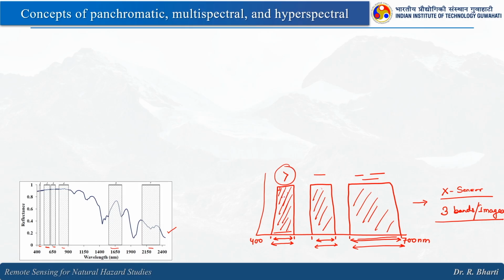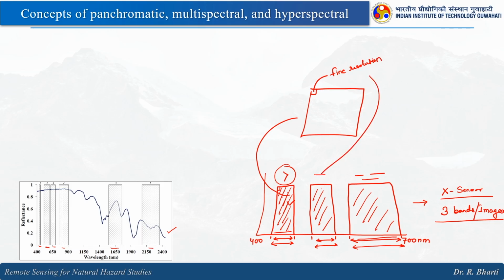So, the pixel which is generated by this particular sensor or the detector, this spatial resolution will be fine resolution compared to this and compared to this. Then again if I compare this spatial resolution with this, this will be finer than this one because we have more energy in the shorter wavelength range.